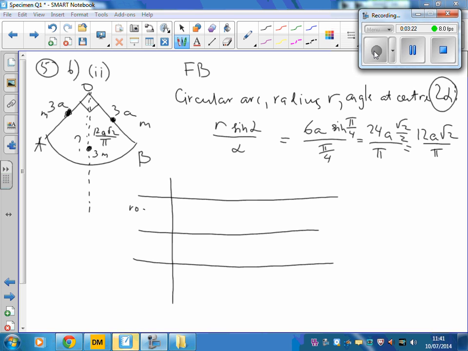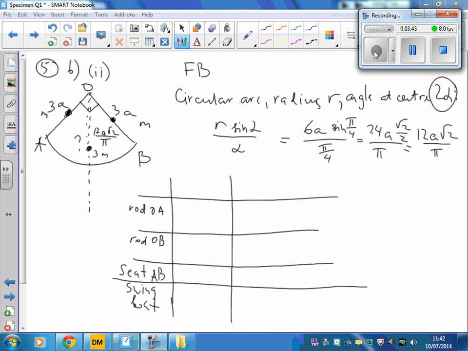We have rod OA, we have rod OB, we have the seat AB, and we have the total swing boat. Mass and the position of the center of mass.